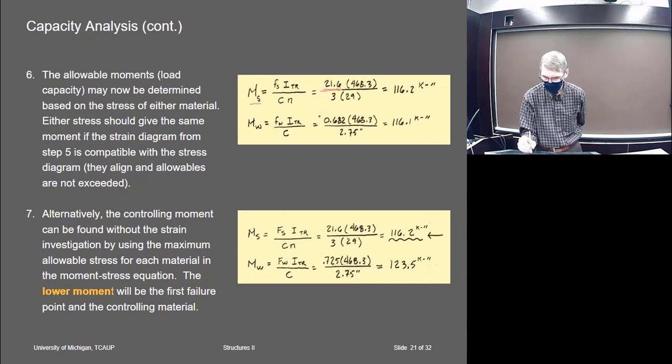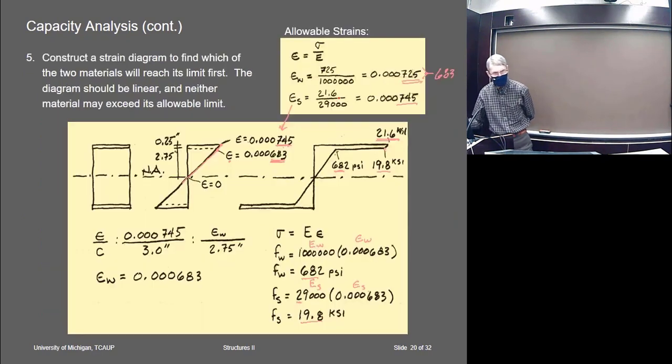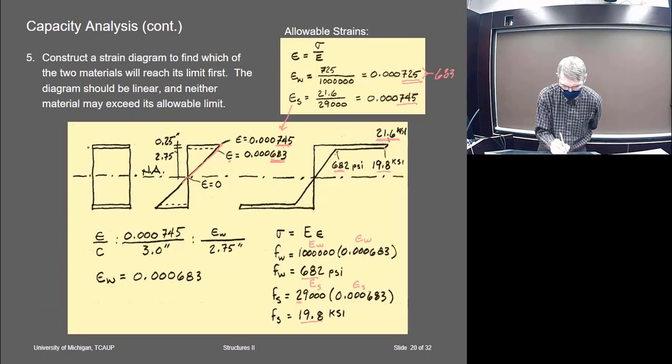It's at its limit. The transformed moment of inertia. The C is that depth, right, to this depth here, right, was the 3 inches, I guess.